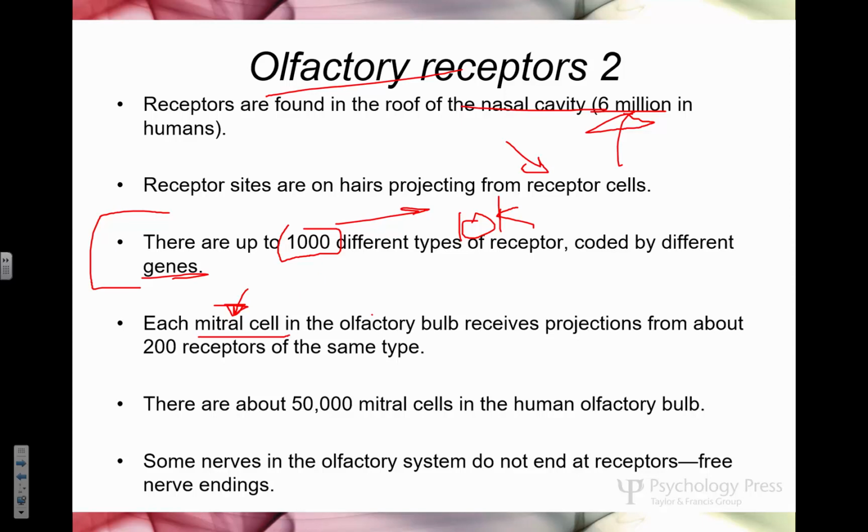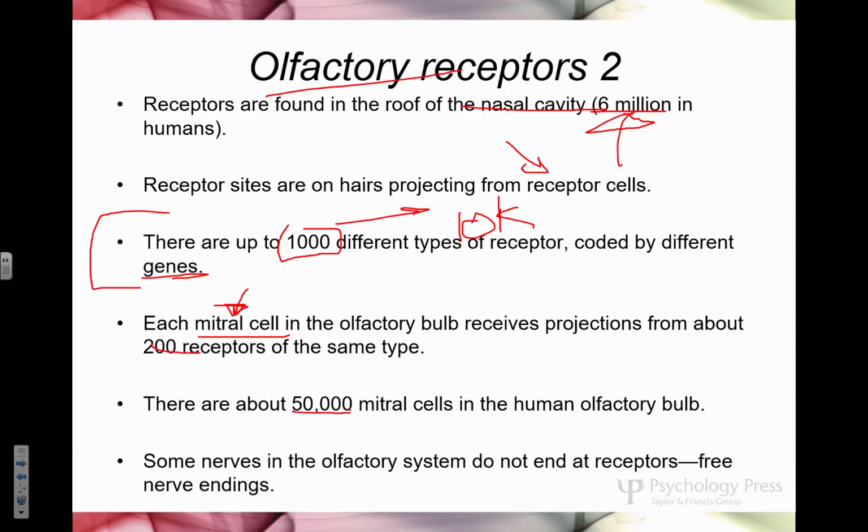So you have these mitral cells. They receive information from about 200 cells. They're all going to be the same type, right? So when you get to the mitral cells, all of those are receiving information from the same type of receptor. This is an interesting process called convergence, right? Convergence means we're taking, in this case, 6 million receptors and funneling that down to about 50,000 mitral cells.